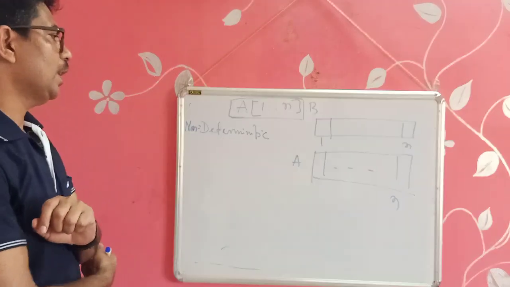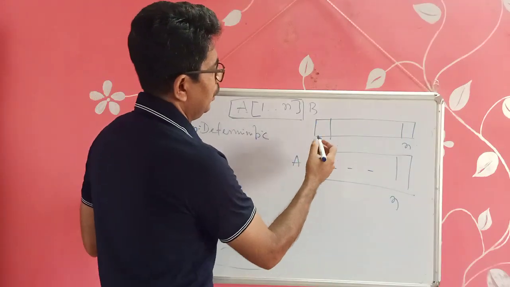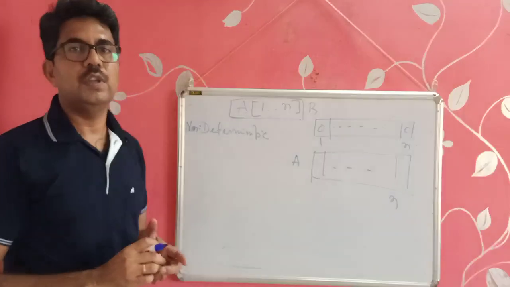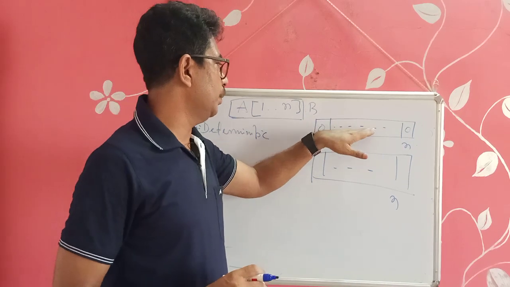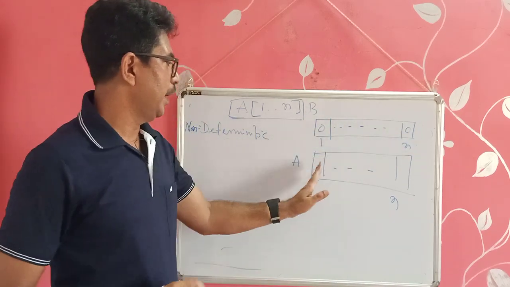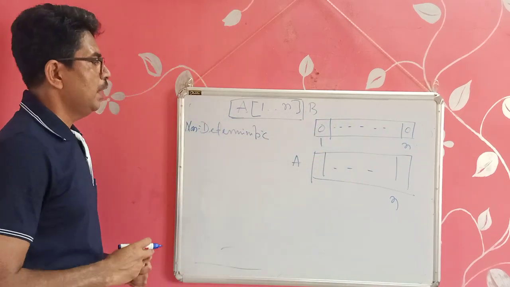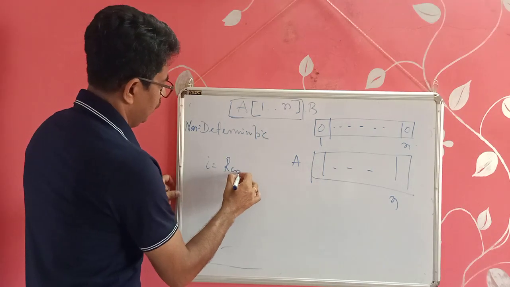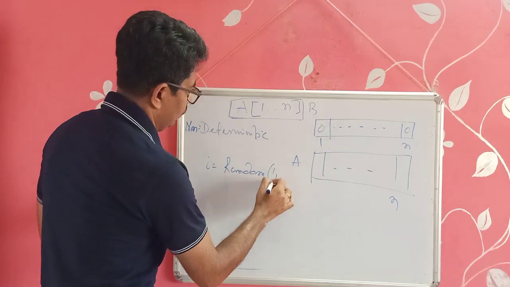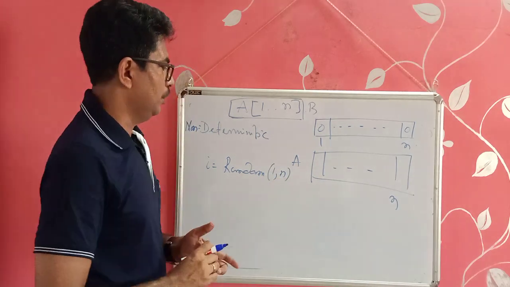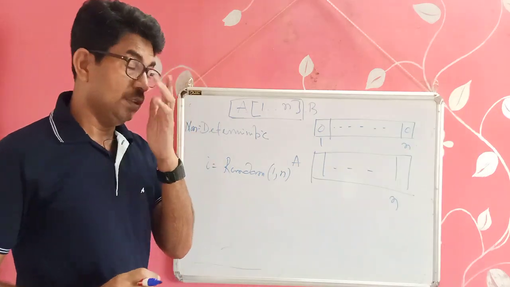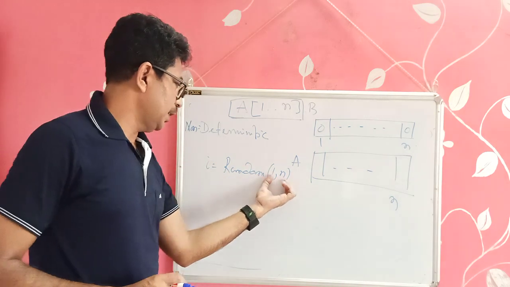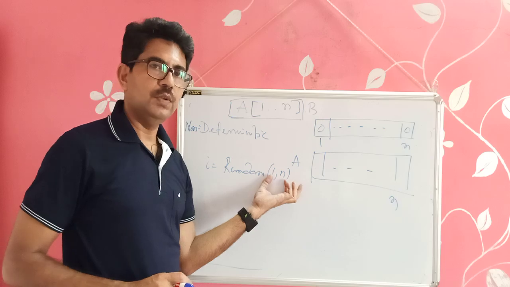Initially all the values of B will be 0, so we initialize the output array B as 0, and A is the input array. Randomly we select a value i within the range 1 to n. Listen very carefully: i is a random value selected within the range 1 to n.